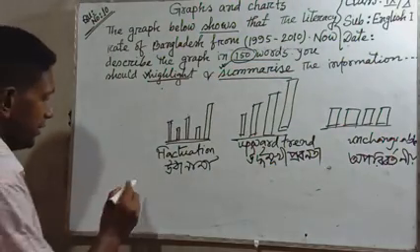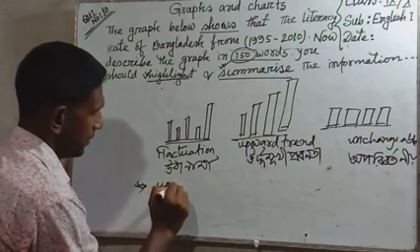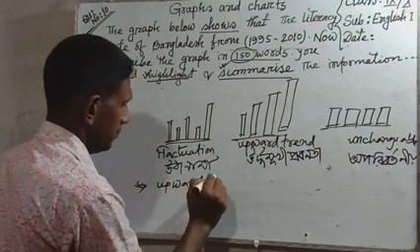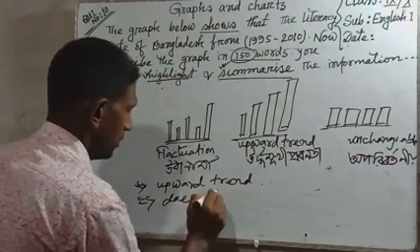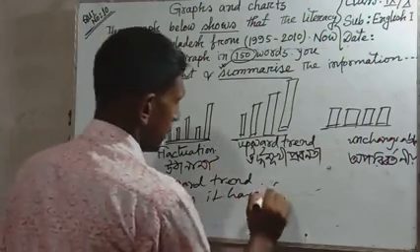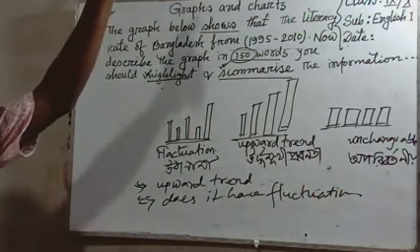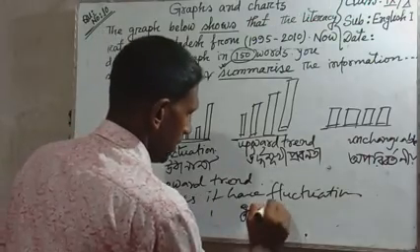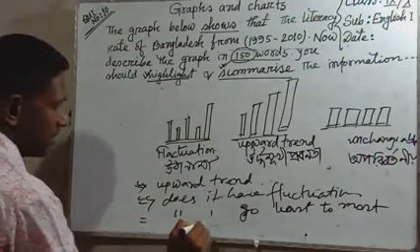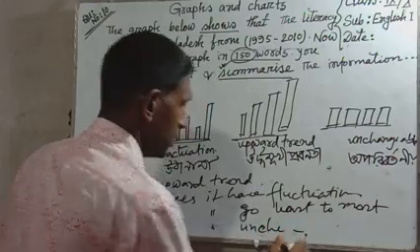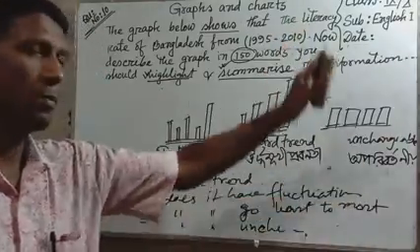So at first you think: is it an upward trend, or does it have fluctuation, or does it go from less to most, or is it unchangeable?